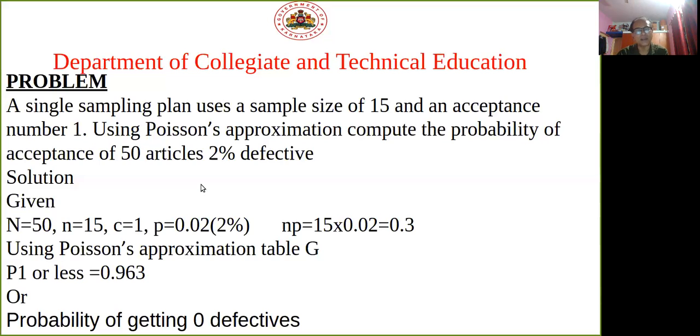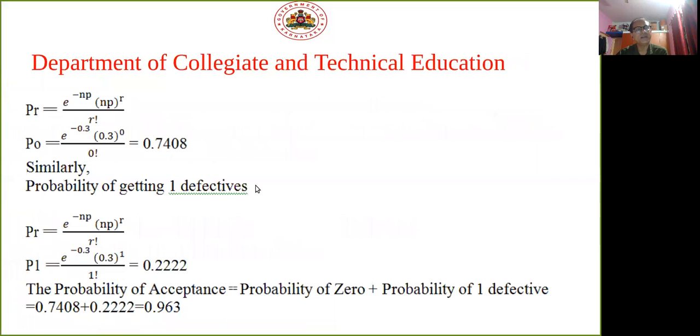The same thing we can find by means of the formula. Here P of R is equal to e to the power of minus NP into NP to the power of R divided by R factorial, which is the Poisson distribution formula. Now we have NP equal to 0.3.